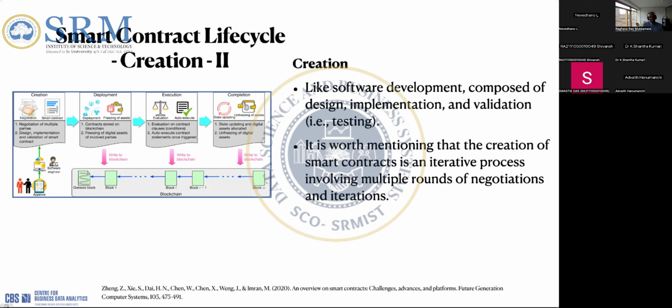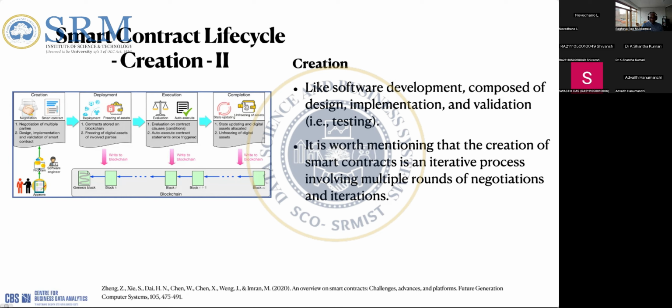That's why there is a lot of validation going on, and you can also see that this is testing. People will test the smart contracts to see that they behave exactly as specified in the contract. That's why creating a smart contract is a very iterative process.